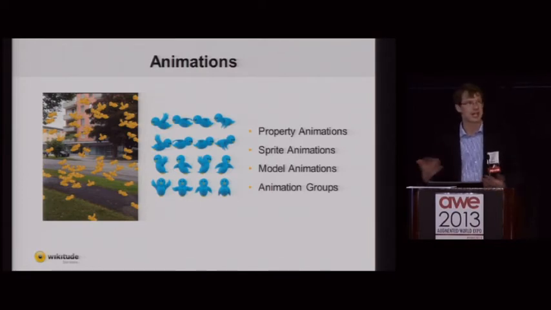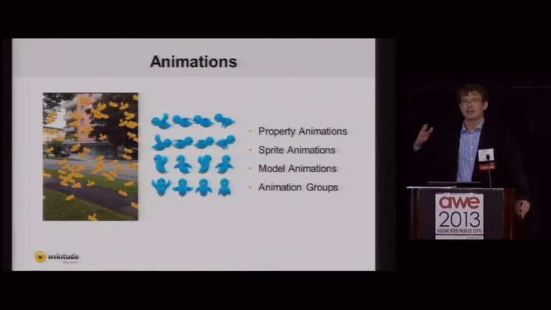Animation is very important for us because we believe that an augmented reality scene has to have a lot of animation and user interaction, has to be very dynamic, to be exciting, to be thrilling, to make the user come back and use the application again. So we support different kinds of animations. One is the property animation. That's a very basic animation type in the SDK.